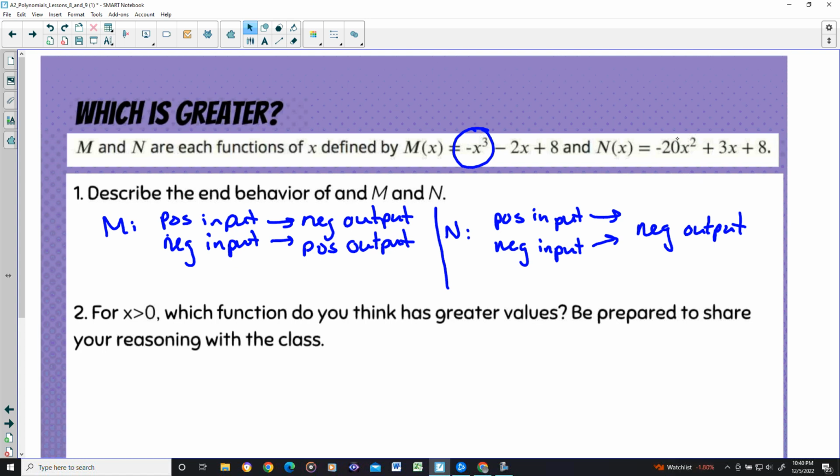So, really, you've got this extra factor of 20. So, this third x has to take the place of this 20. So, as long as x is larger than 20, x to the third is going to be bigger.